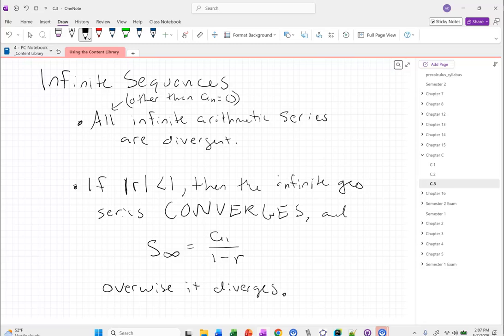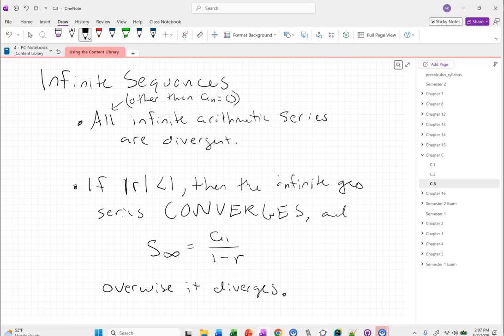If the absolute value of the common ratio is less than 1, the infinite geometric series has an answer. It converges. Now that's pretty strange, right? You add up infinitely many things and you get a finite answer. But indeed it is true.